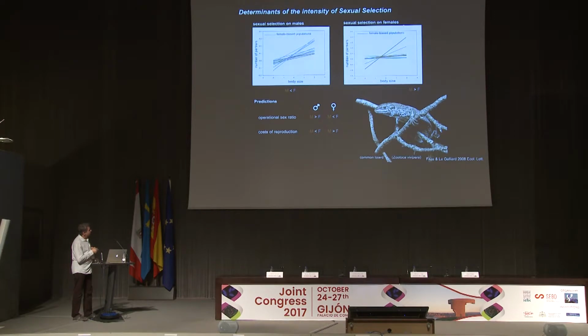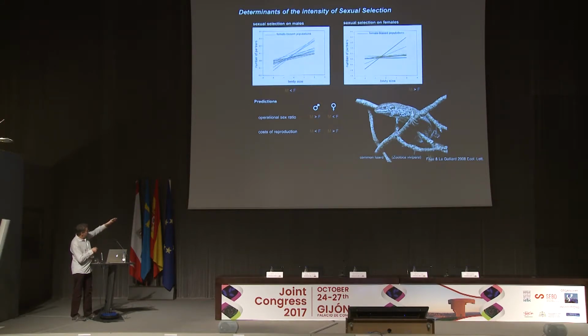And when we look at the sexual selection on females, you see that in female-biased populations, this relationship was flat, while it was a positive slope or even a very positive slope in male-biased populations, which means that sexual selection on females is stronger in male-biased populations than in female-biased populations.